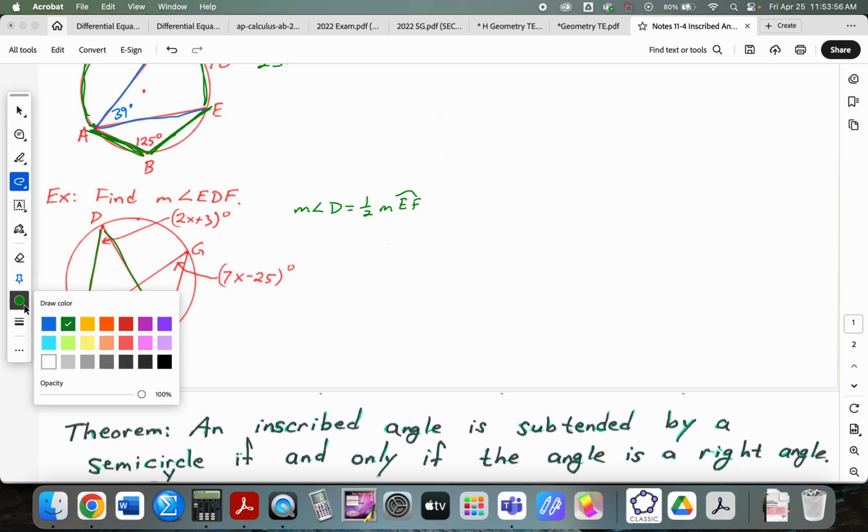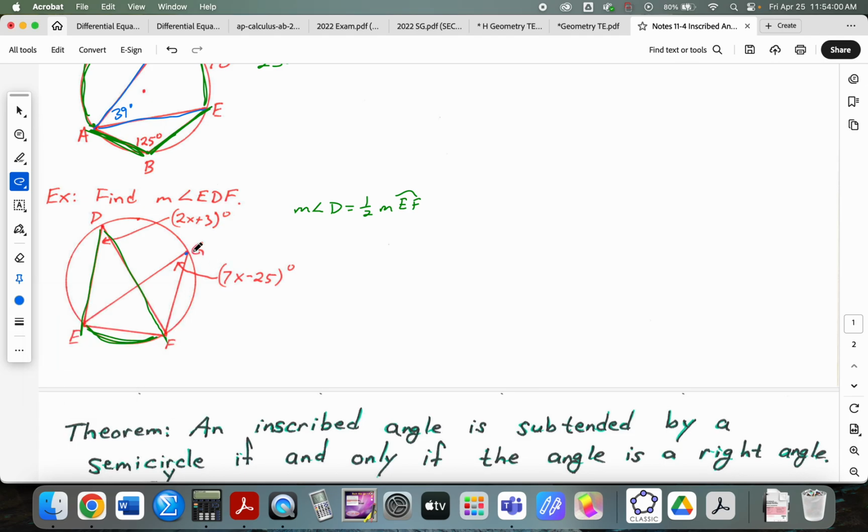All right, well, I can't solve that. Over here, notice the measure of angle G. If I follow it out, it also hits the circle at E and at F. So its intercepted arc is also EF.